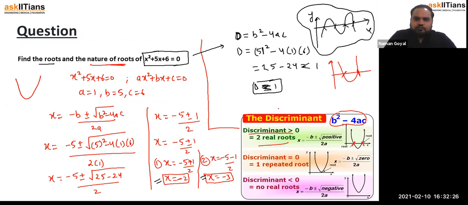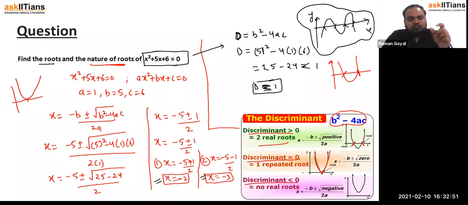If D is 0, it means one repeated root. There is only one root, and equal roots means a repeated root. So the graph will touch the x-axis at 1 point. So if you see, the graph touches at this point. And if D is less than 0, it means there is no real root.